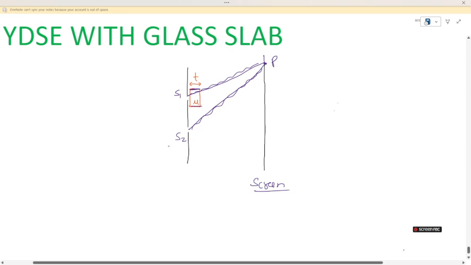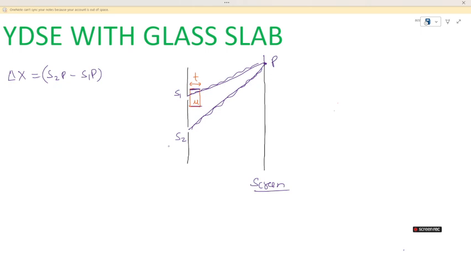So we have to write what the path difference is, because the path difference will tell what will happen at P. The path difference is the distance traveled by the S2 wave minus the distance traveled by the S1 wave. Now, what is optical path length?